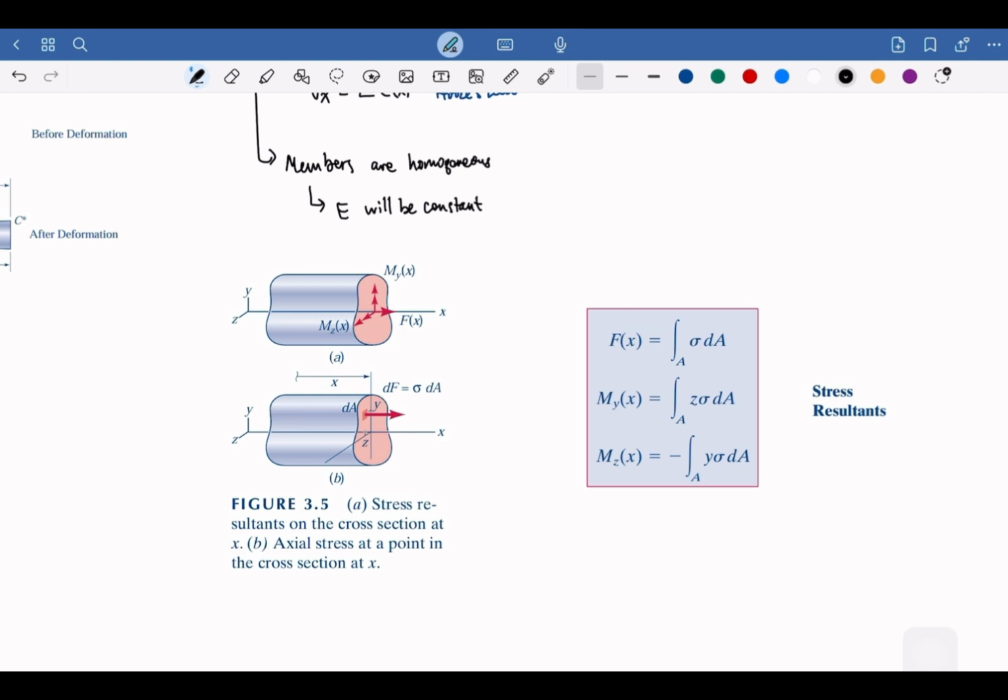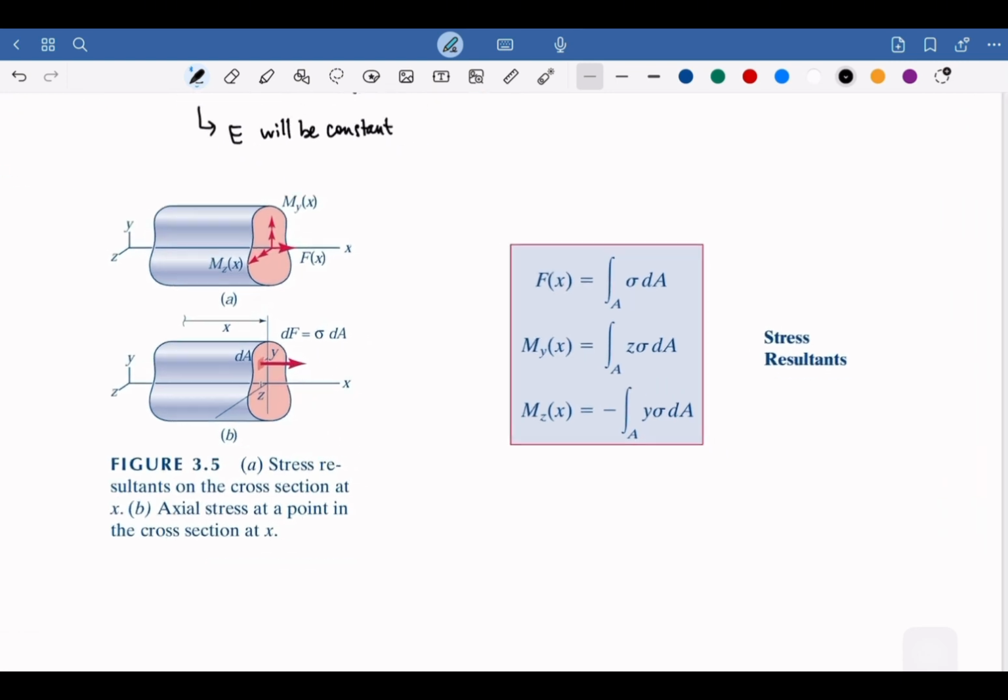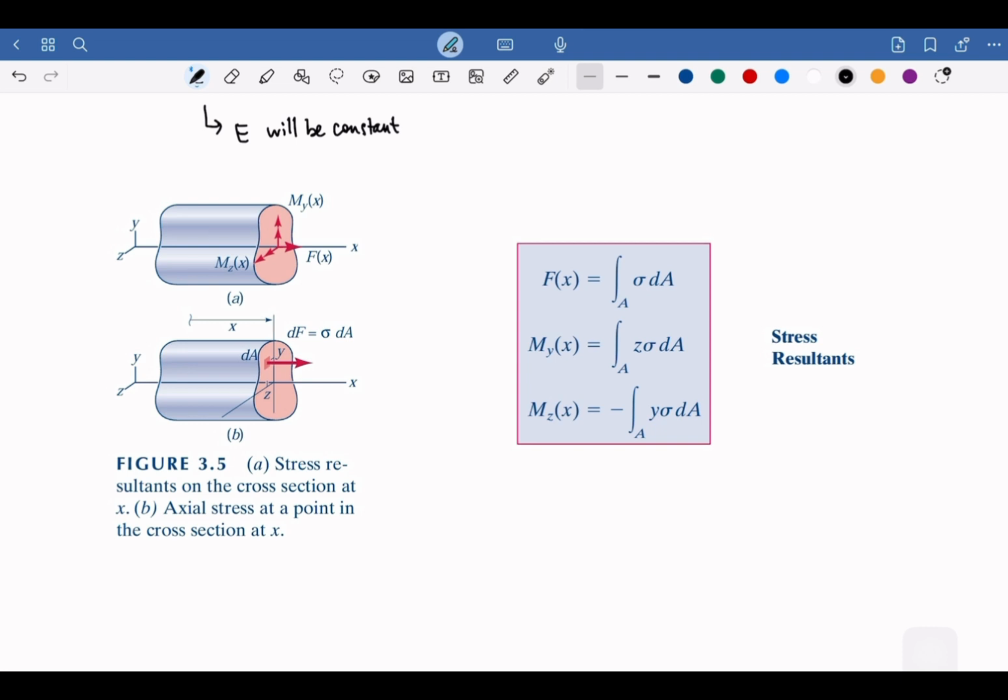First, maybe before that, do you know why this is negative? Did I tell you why it's negative? Anyone know why this is negative? Do you know what this moment is in physics?